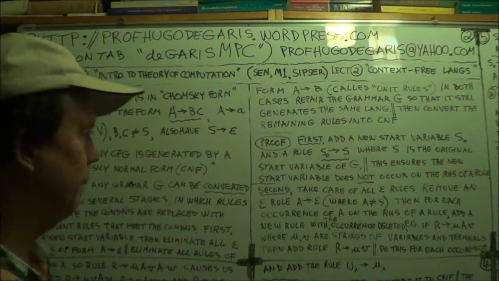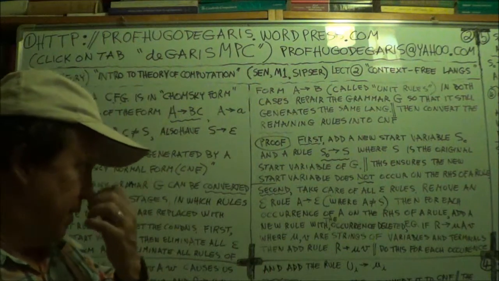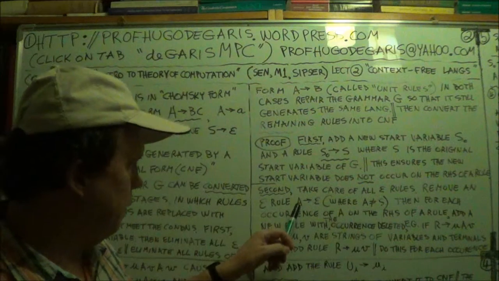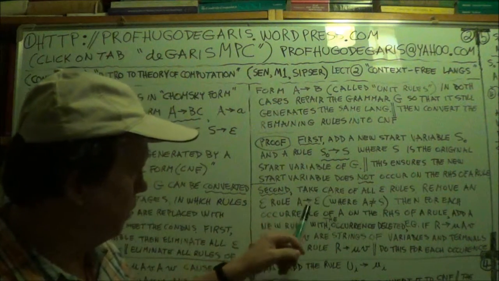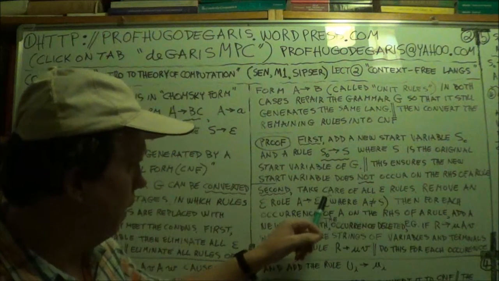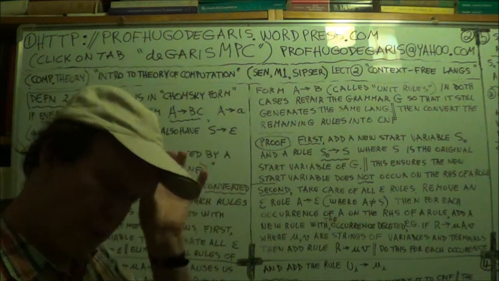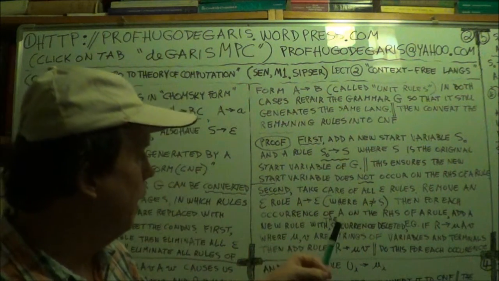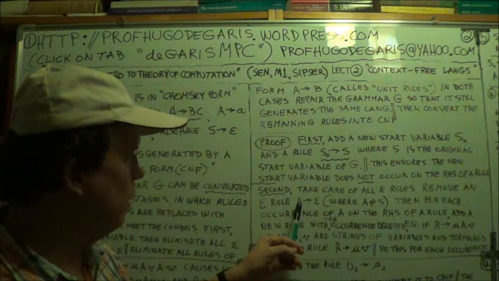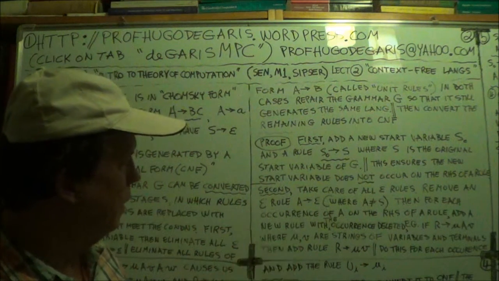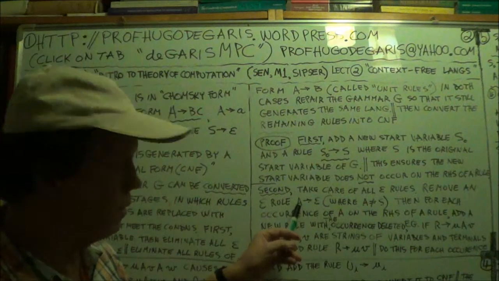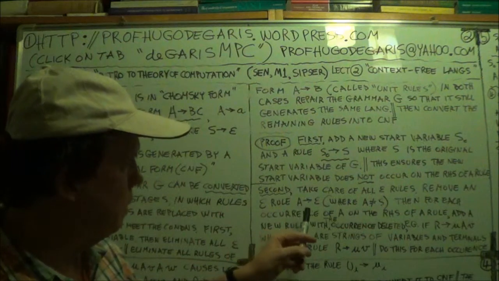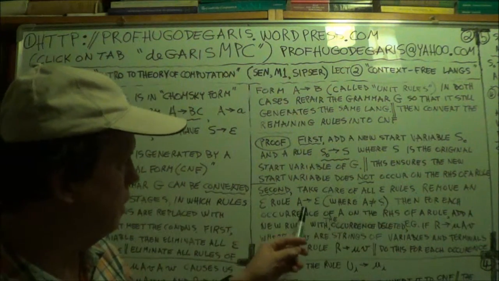So you're looking for these epsilon type rules, A arrow epsilon. If you have a rule like that in your original grammar G, throw it out, and then go looking for this A. Whatever variable this is, might be B, C, W, whatever, in the right-hand side of the other rules.